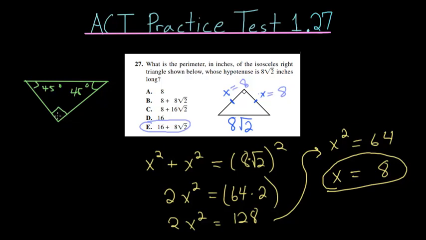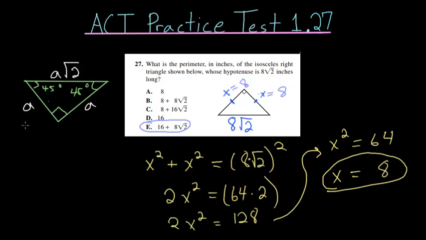So what's unique about this type of triangle is that if this side length was A and this side length was A, you can immediately know that the hypotenuse is A times the square root of 2. And you can check this using the Pythagorean Theorem, but in general, it's true for any 45, 45, 90 triangle.